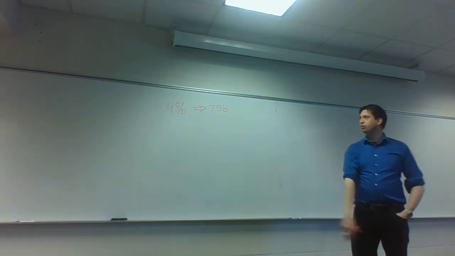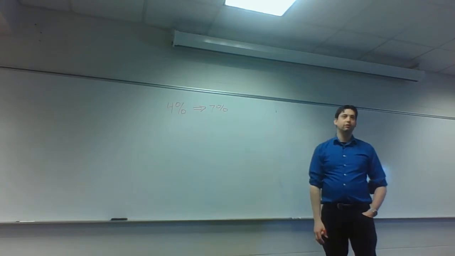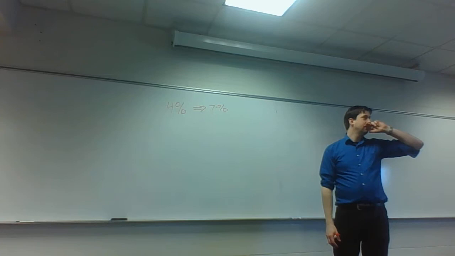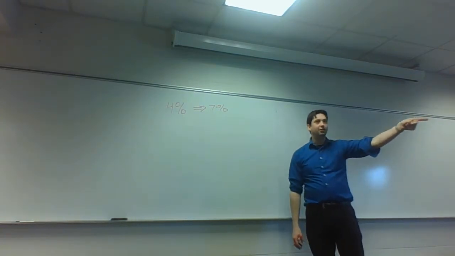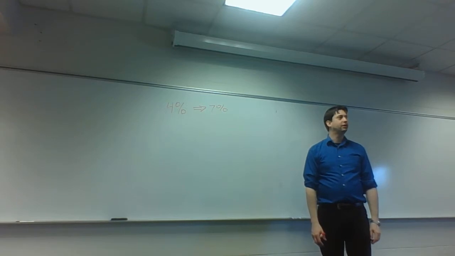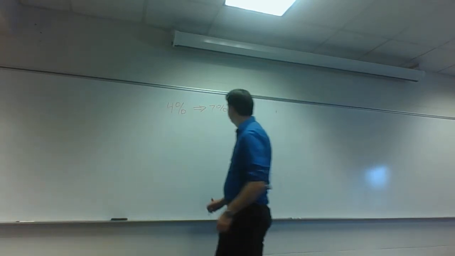Aiden, how would you describe that increase from 4% to 7%? 3%. A 3% increase. Does everyone agree? Yeah, it's 75%. It's a 75% increase. Wait. How did you get 75%? Because 3 is 75% of 4.